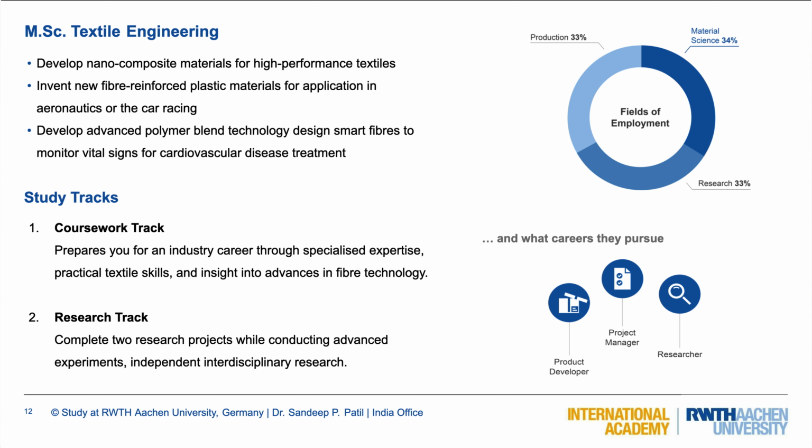Mainly, you will see yourself working in production, research, material science, and other areas. One can have a career as a product developer, project manager, researcher. This course is offered by ITA, Institute of Textile Engineering, Professor Gries, and they are providing a tremendously good platform for textile engineers.